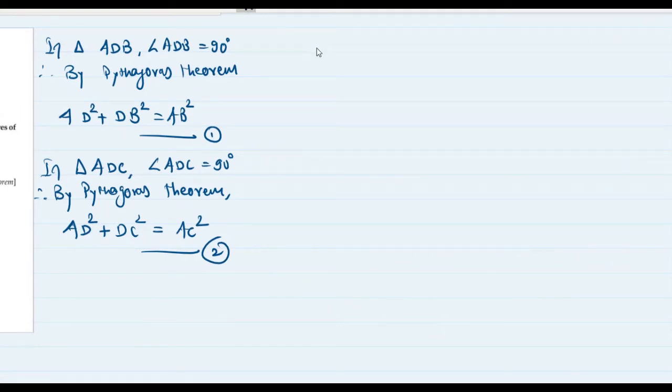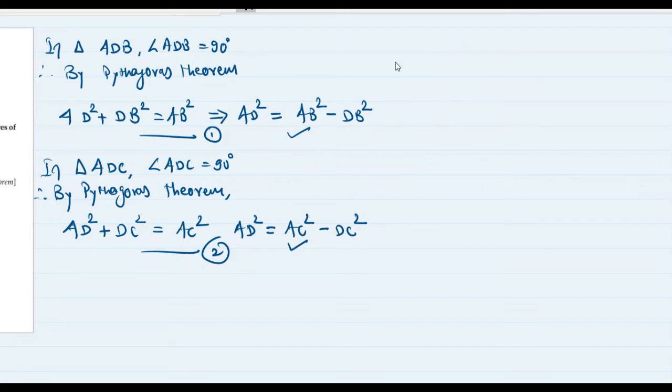So AD square is AB square minus DB square, and here AD square is AC square minus DC square. So we will equate these two statements.